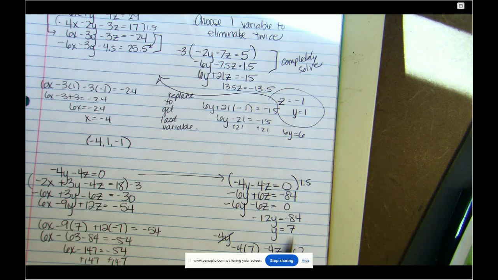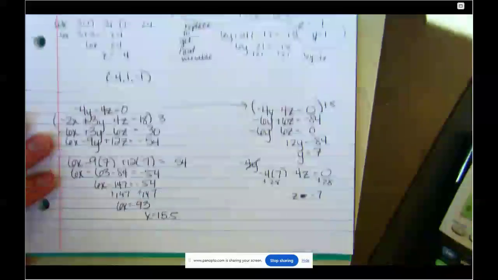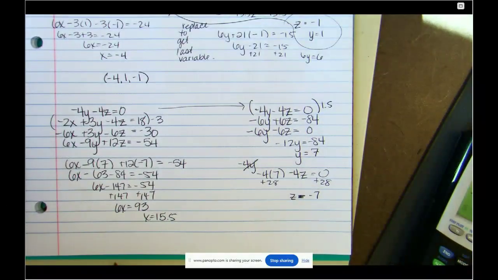Did you get these for your x, for your z's and your y's? Did you get 7 and negative 7? What'd you get for x? I got positive 15.5.